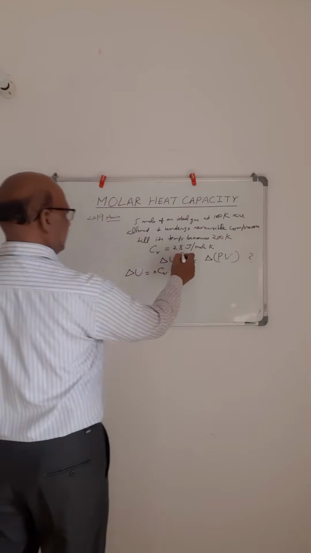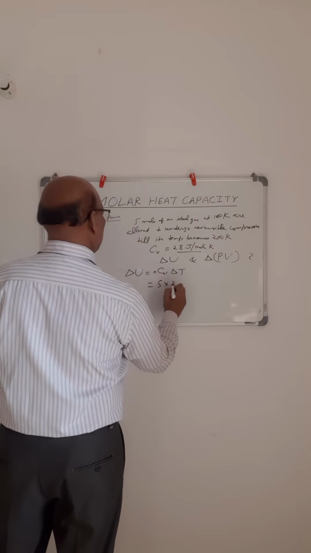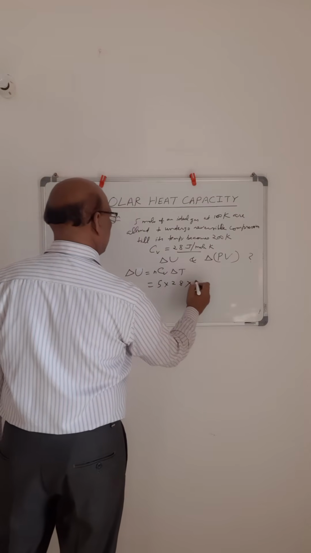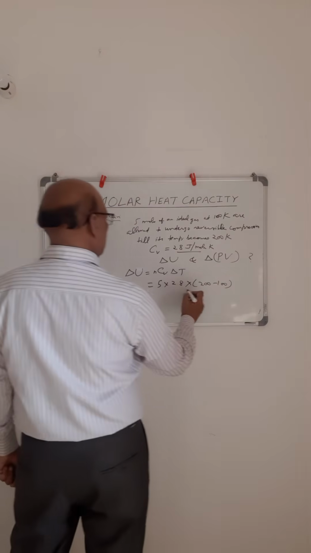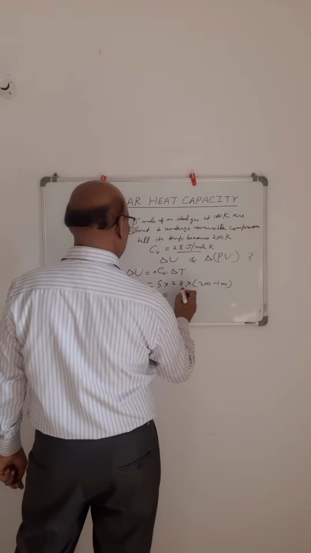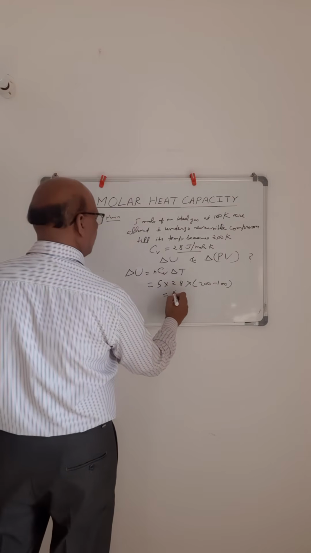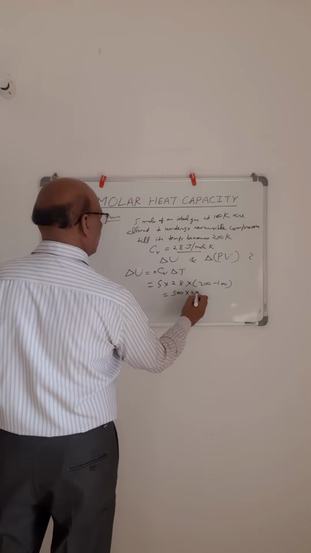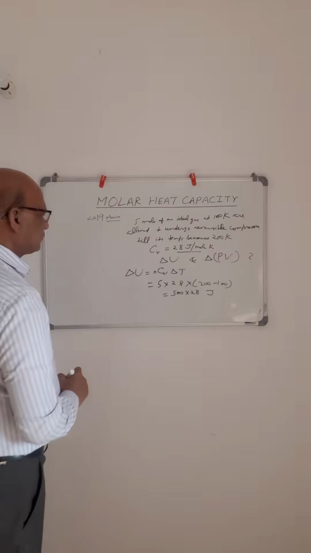Cv is already given to us and the number of moles is 5. So 5 into 28 into delta T. Delta T is 200 minus 100. So we can find this delta U. This will be 500 into 28, this many joules.